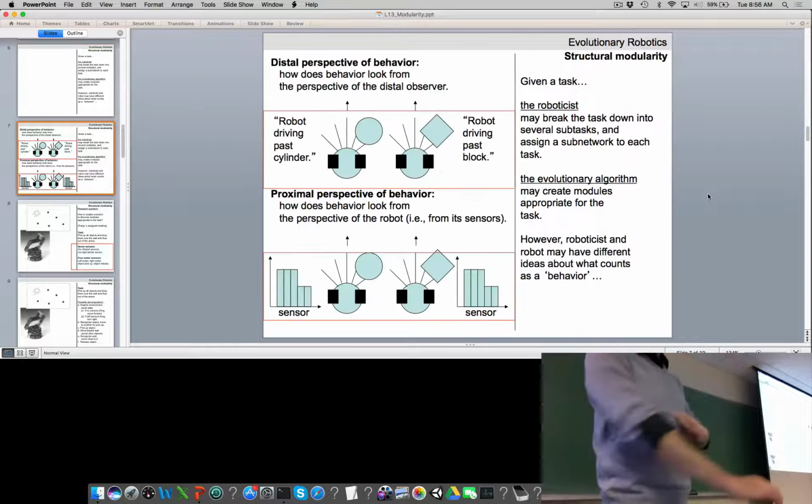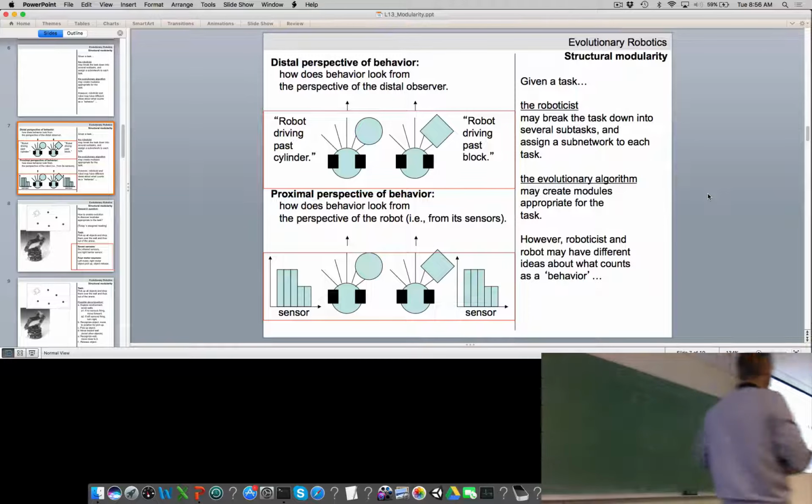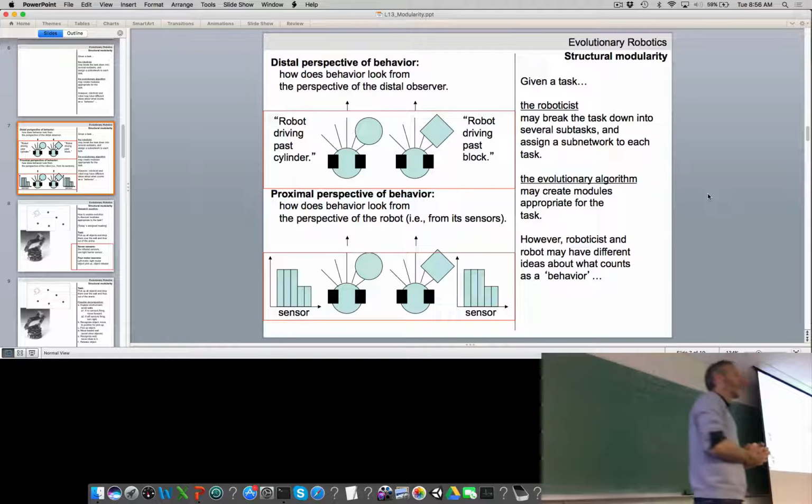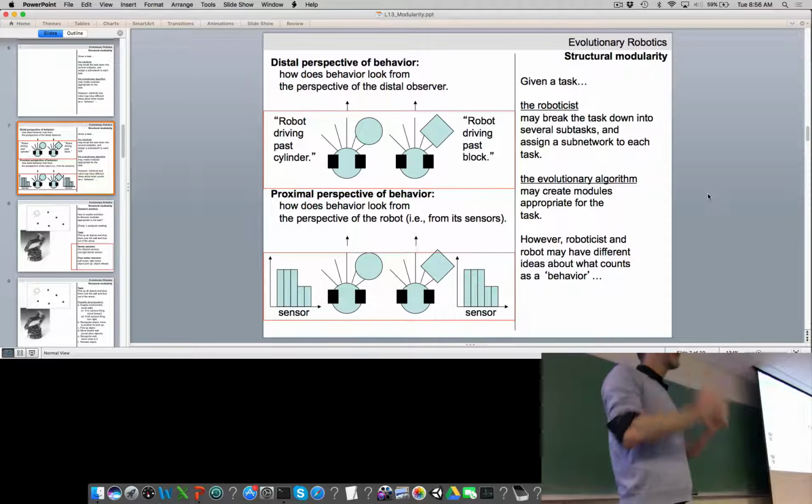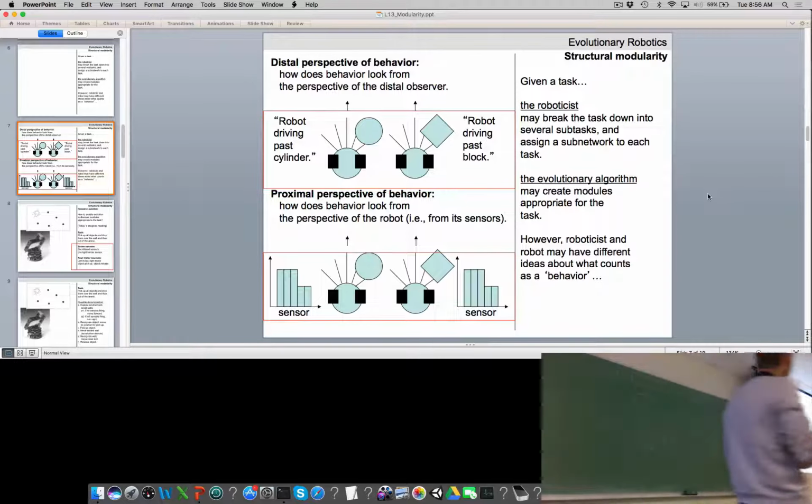And here's a little cartoon to try and make this clear. This is yet another example of why thinking about thinking is misleading. Let's have a look at this little wheeled robot that we're looking at from above. Let's imagine that it has these 5 distance sensors on the front of its body. Let's imagine that this robot is going to be exposed to spheres and cubes in its environment, or cylinders and blocks. We're looking from above.